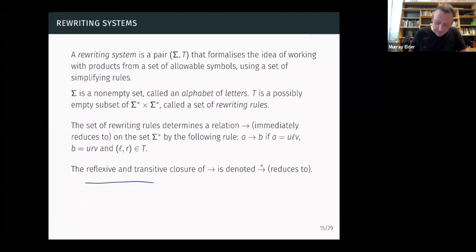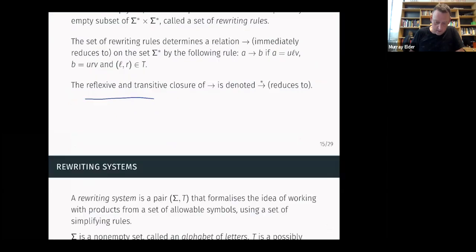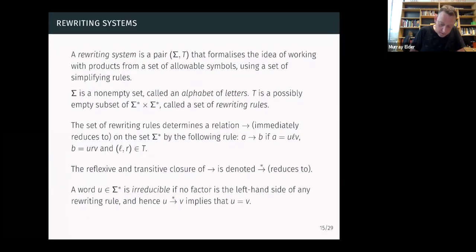The reflexive transitive closure of just applying a single rule is that you can get from one string to another string by applying lots of rules. Okay. A word is irreducible if there's no left-hand side factor visible in the word. Okay, so computer scientists for many years have been interested in these processes.